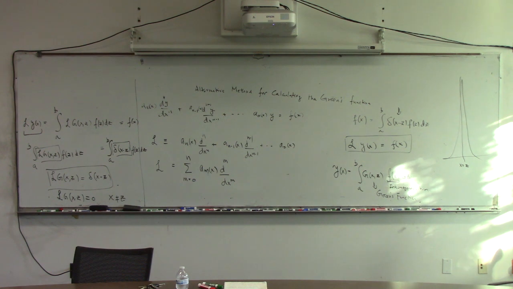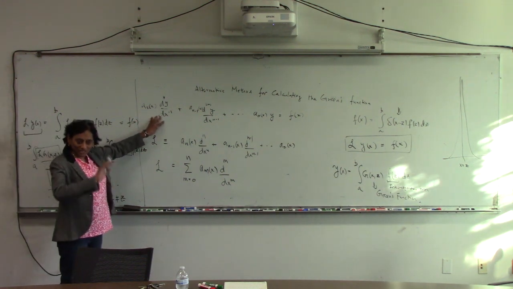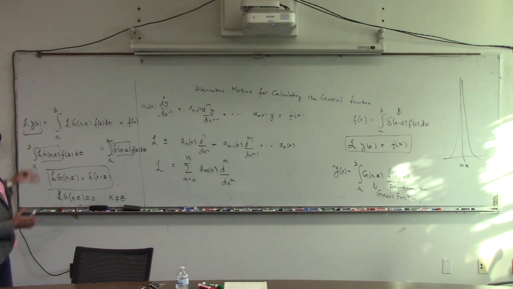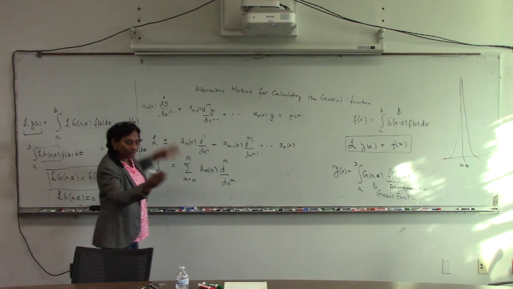So what does it say? L operating on y equal to 0 would mean what? It's a homogeneous differential equation. So G satisfies it, almost as though it is a solution of the homogeneous differential equation. That's the first property, because we know L, that's what we have been solving thus far.